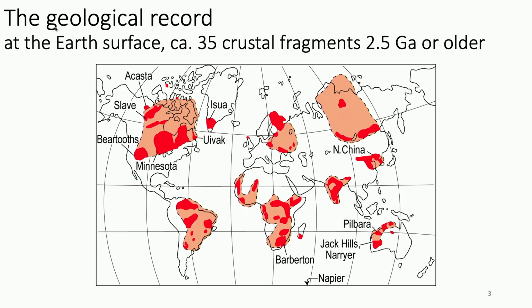This map shows in dark orange the rocks where you could find outcrops older than 3.6 billion years old, so older than the Archean, and the lighter one is everything older than 2.5 billion years old. This map will come regularly because I will point to the rocks or to the samples that I will describe.